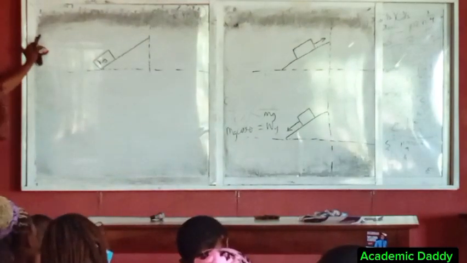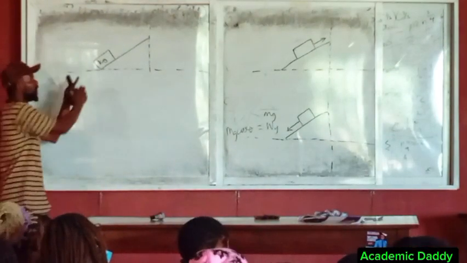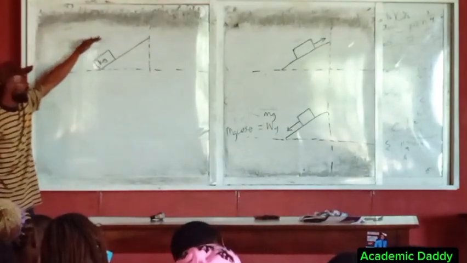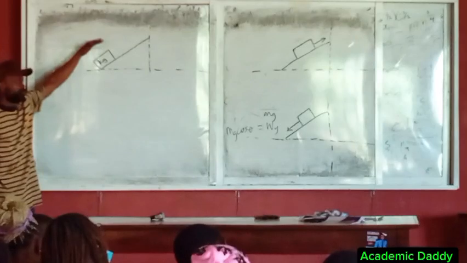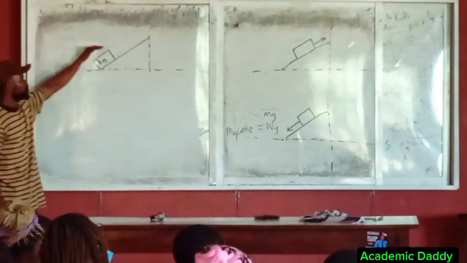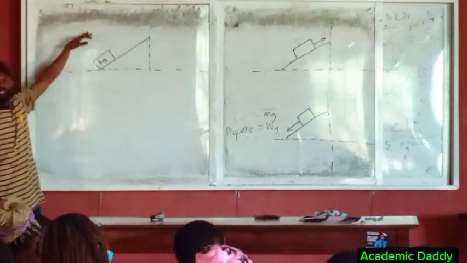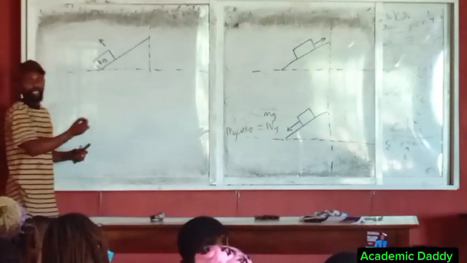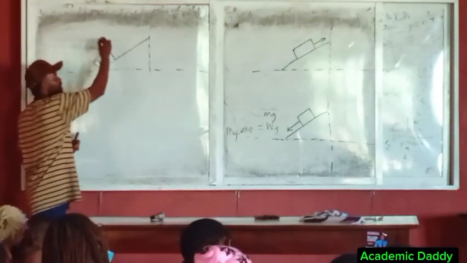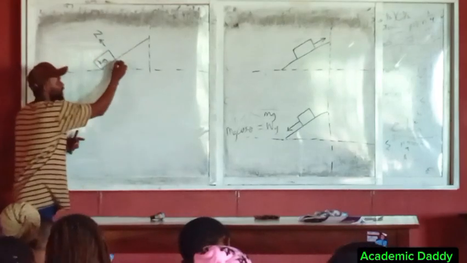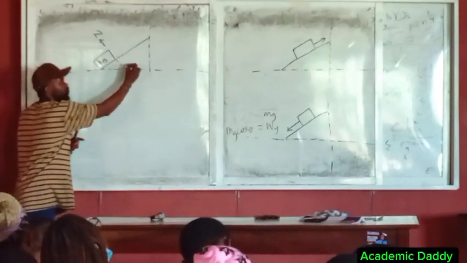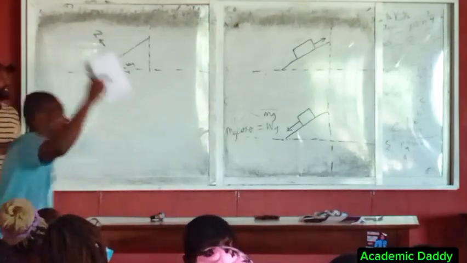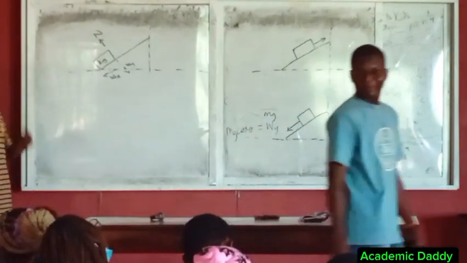Do you notice that a body on an inclined plane never jumps up? It will never go in the y-axis. Anybody resting has N this way, Wy this way, and Wx this way.